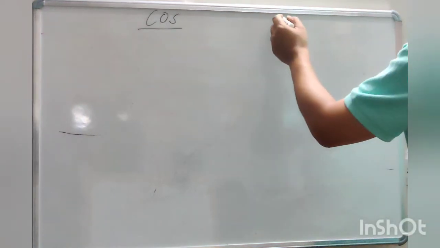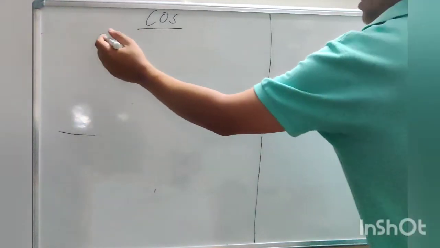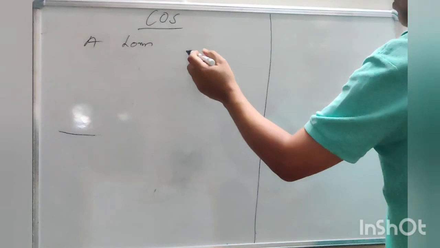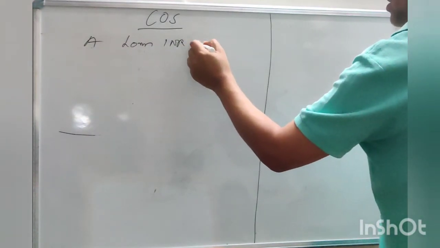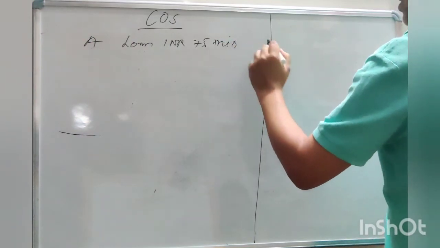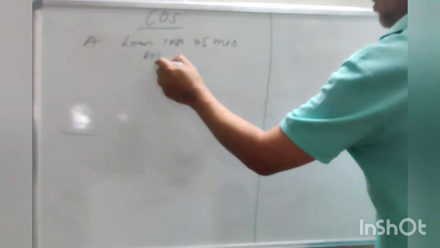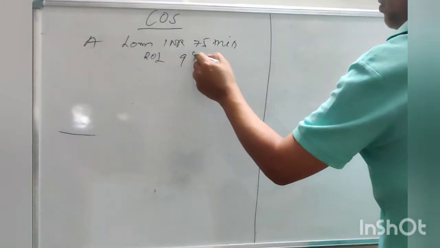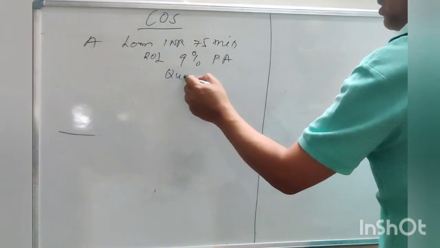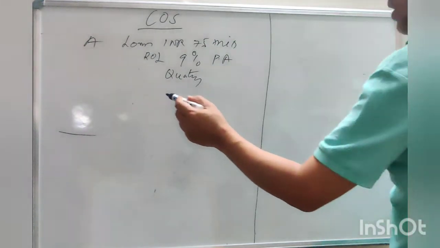Let's say, for example, how this coupon swap is going to help. Let's say one corporate has a loan of INR 75 mio, where he is paying a rate of interest of 9% per annum, paid on a quarterly basis, and this is a bullet loan of 5 years.